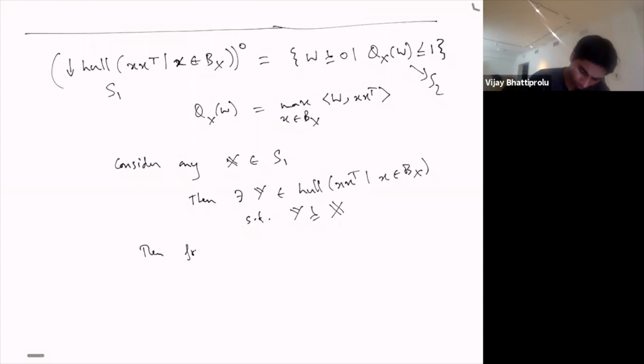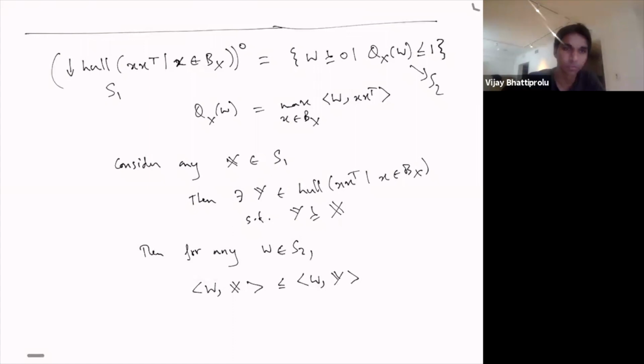Then for any W inside S2, the inner product of W and X is at most the inner product of W and Y, because both are PSD. This is heavily using the fact that W is PSD. And this is at most 1, because Y is a convex combination of unit vector outer products. So therefore, X is in the polar of this set.